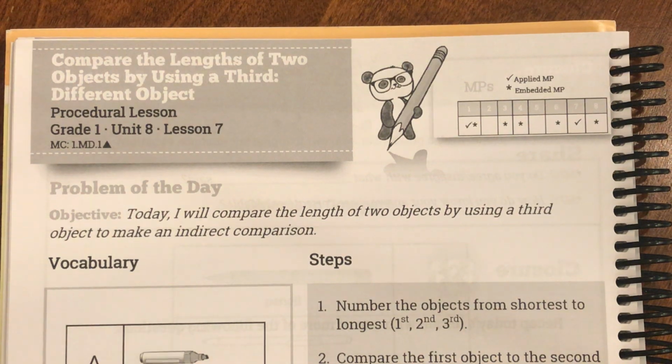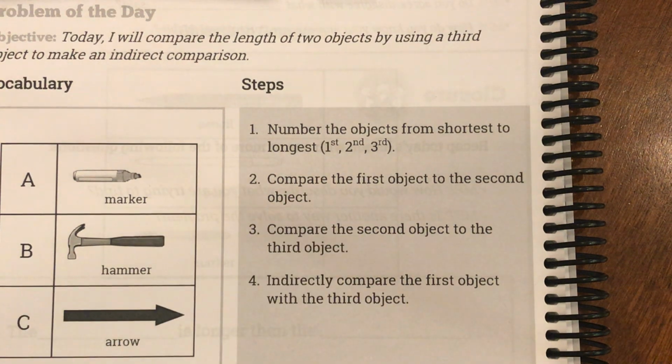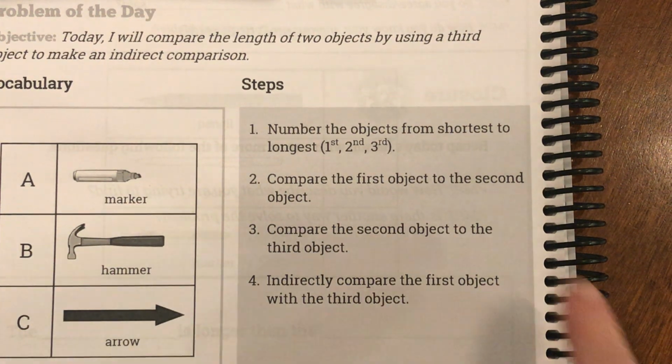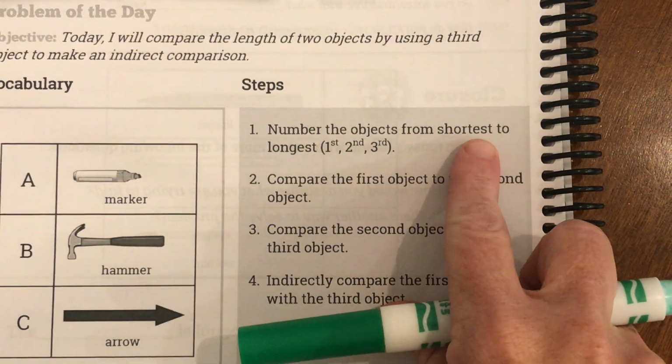Okay, so I'm not going to worry about our vocabulary, but we are going to look at our steps because I'm going to use these today when I practice. It says we're first going to number the objects from shortest to longest. Well, that's going to work sometimes, but that's only if our problem says they want us to talk about the shortest.